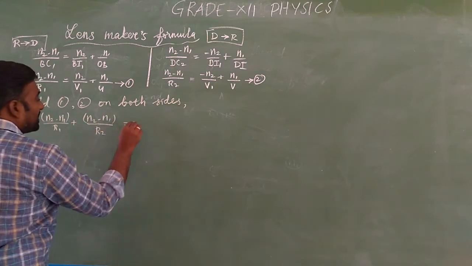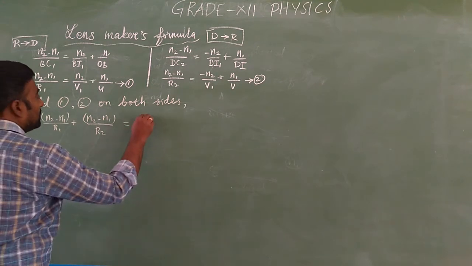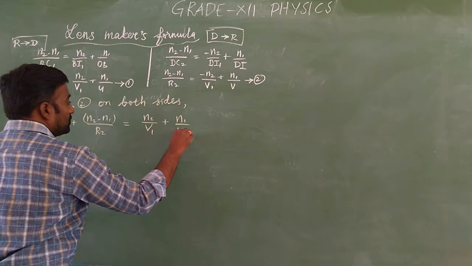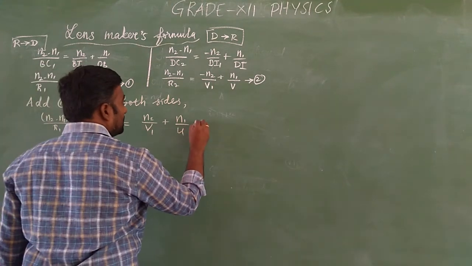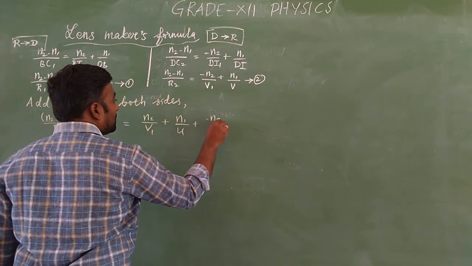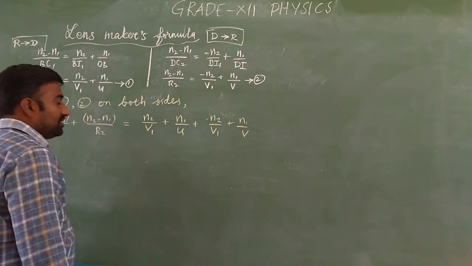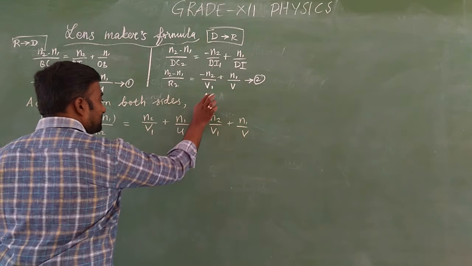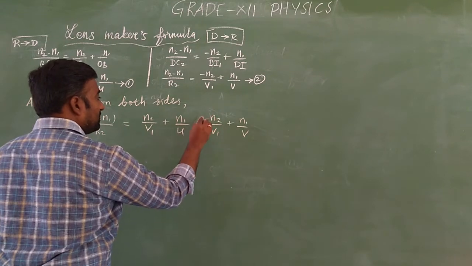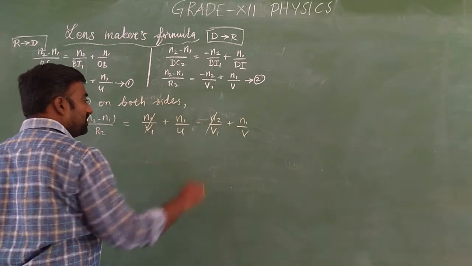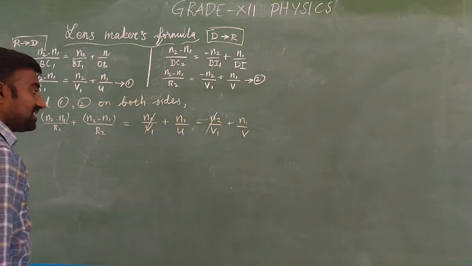Similarly, adding the right hand side: N2 by V1 plus N1 by U, plus minus N2 by V1 plus N1 by V. So plus into minus becomes minus, and plus N2 by V1 and minus N2 by V1 cancel away.